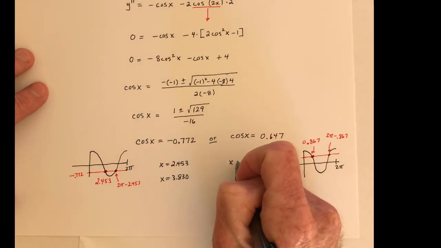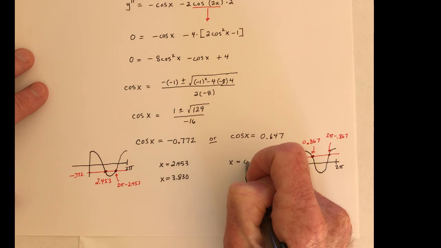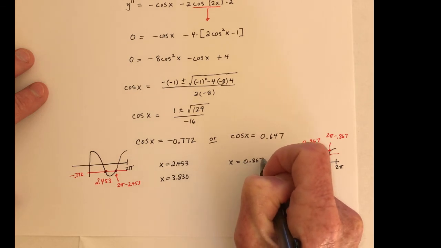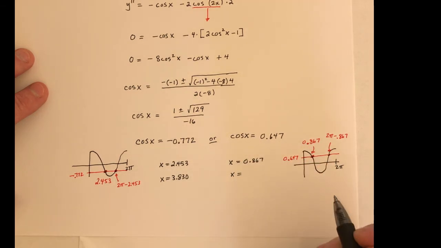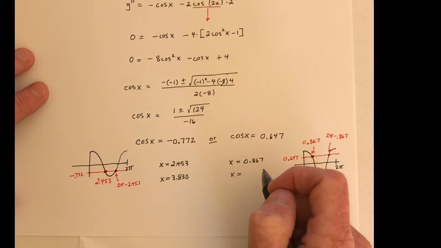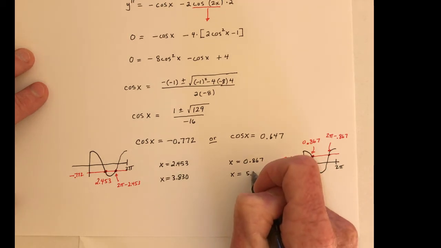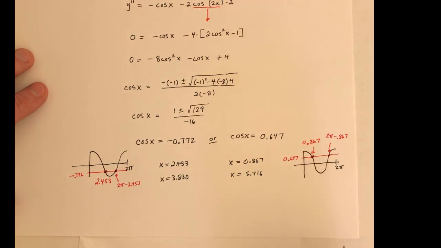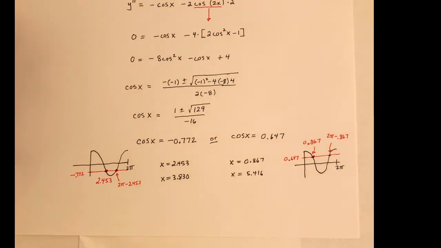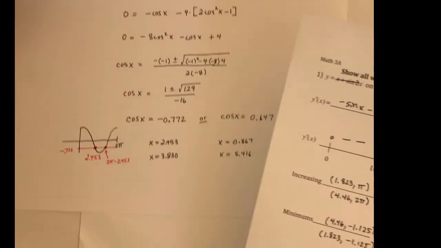So then we get 0.867 and 5.416. All right, then the second derivative is going to be about where is it concave up and concave down. But first, I'm going to transfer my answers over to here.